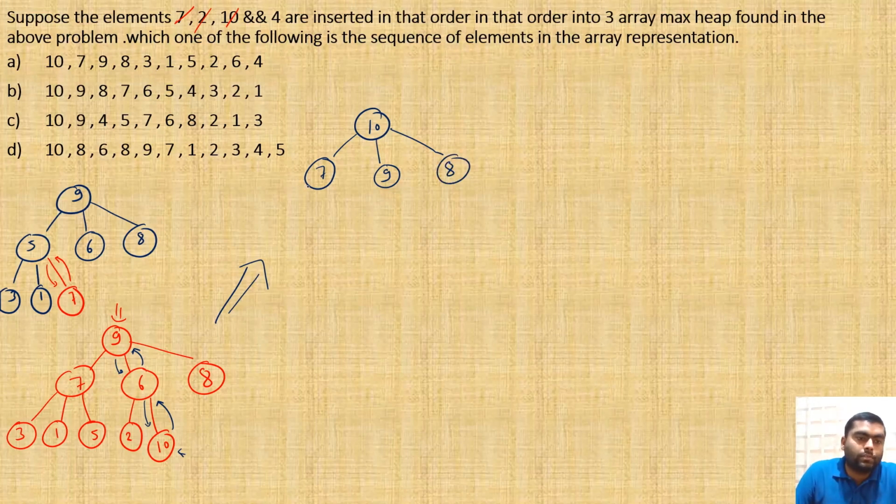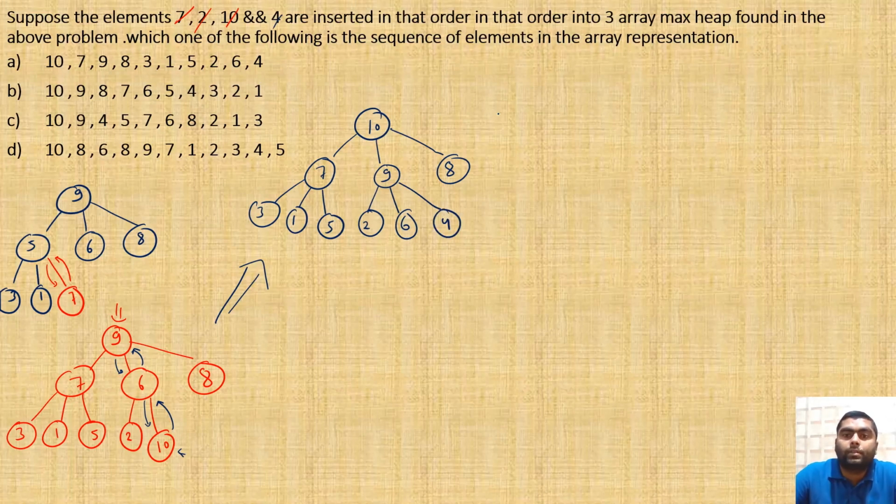Left of 7 is 3, 1, 5, same, and left is 2, and this is 6. Now the next element is 4. Inserting 4, there is no problem.